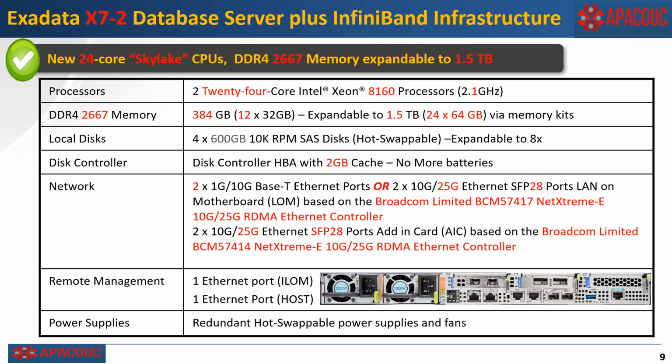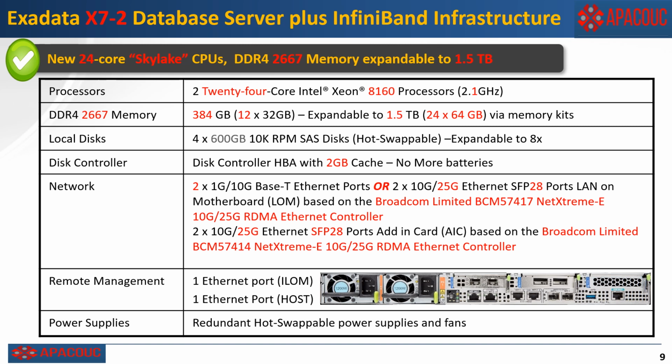X7-2 database server has Skylake CPUs, 2 24-core Intel Xeon processors, 2.1 GHz. Memory is 384 GB and expandable to 1.5 TB. But for that we must have 24 times 64 GB to be able to have 1.5 TB.